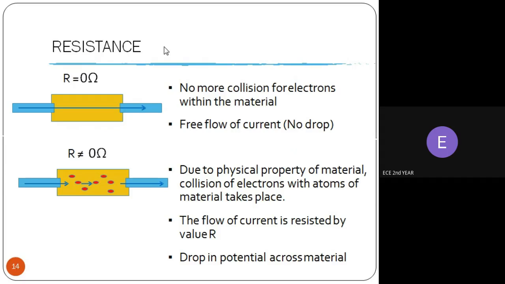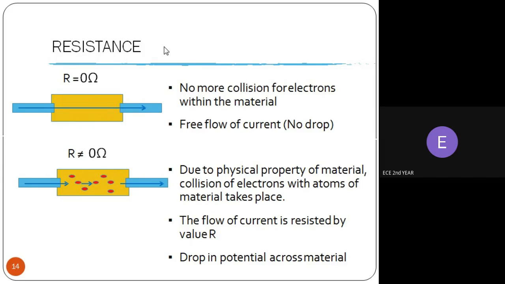When the resistance value is not equal to 0 ohms, due to the physical property of the material, collision of the electrons with the atoms of the material takes place, which drops the flow of current. The flow of current is resisted by the value R, and there is a drop of potential across the material.